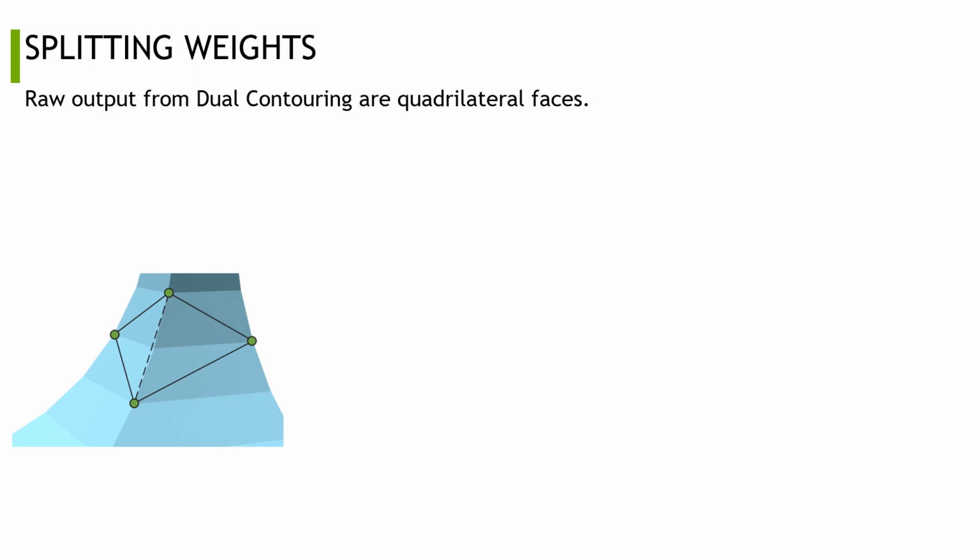The output from dual methods are typically non-planar quadrilateral faces, which are further triangulated for rendering or other applications. So in this example, you can see there's a clearly favorable triangulation by connecting vertices along the vertical diagonal because they align better with the curvature. An arbitrary split can cause artifacts in the curved regions.